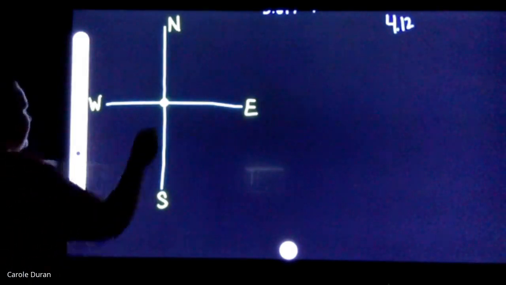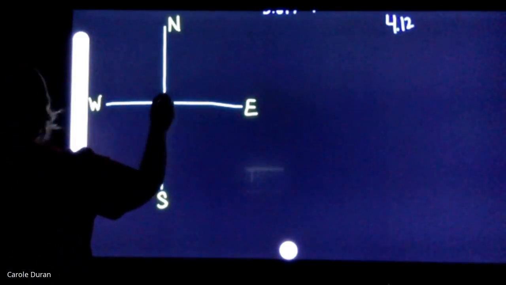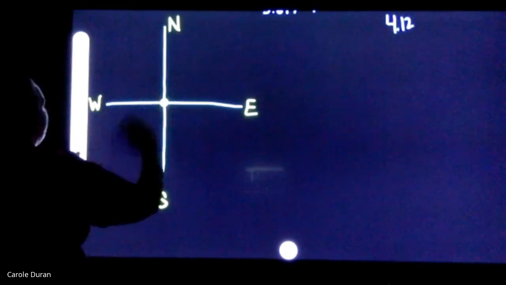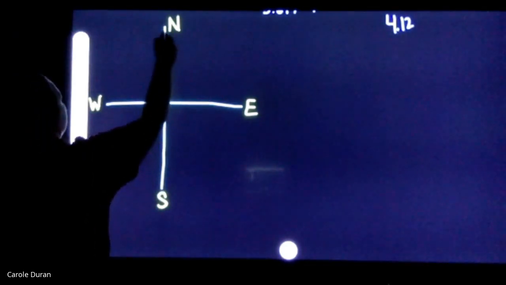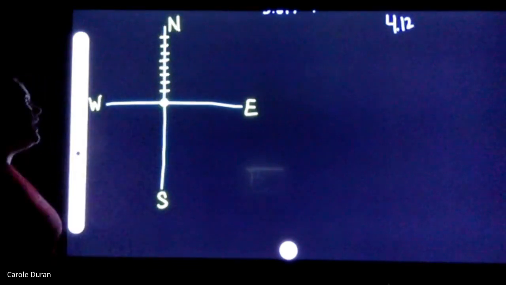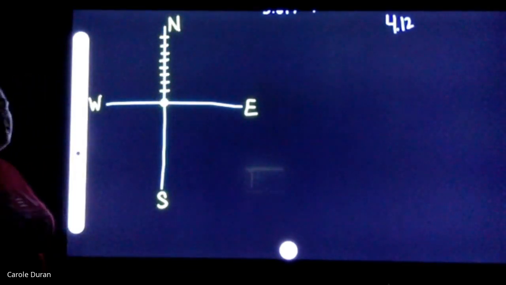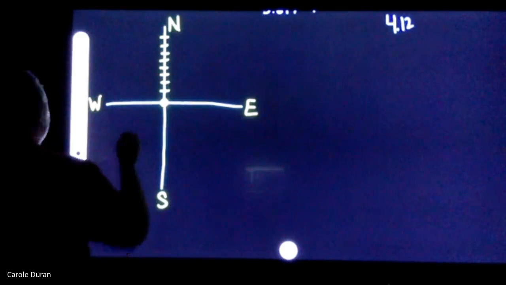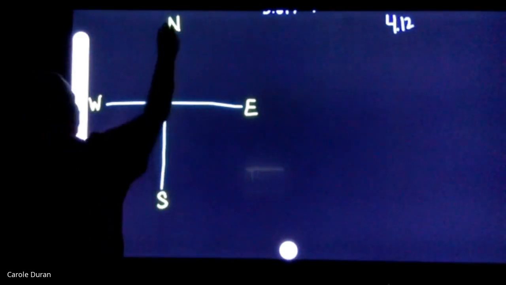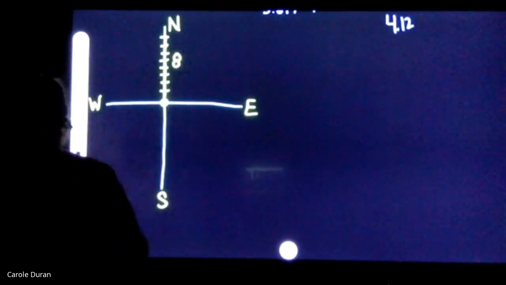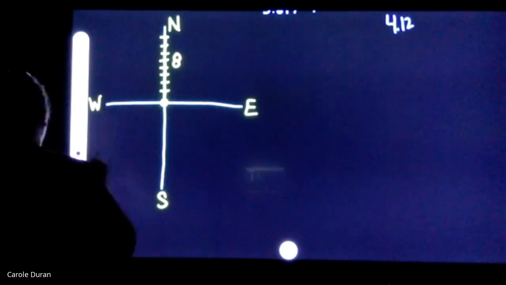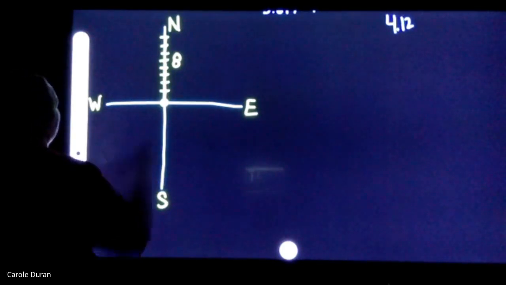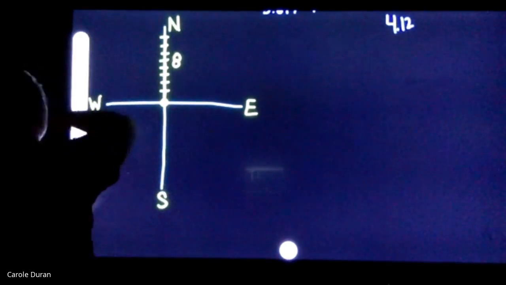So it's saying if I started here, I ran 8 miles north, which means I ran 8 units in the upward or northern direction. Okay, so I went up 8. Then after I got 8 miles north, I ran 5 miles west. West is left.